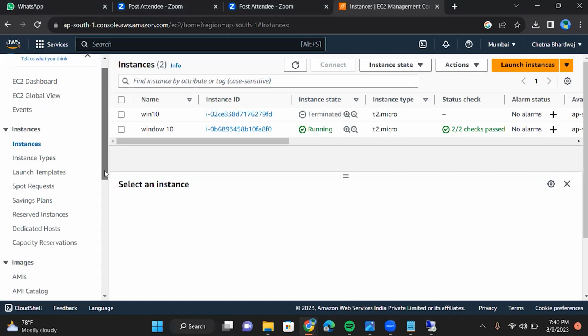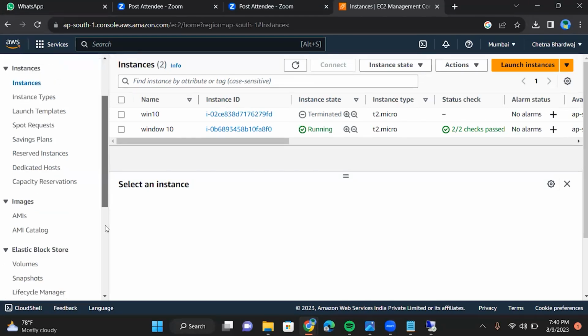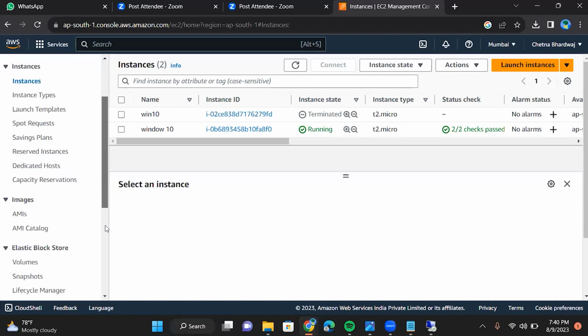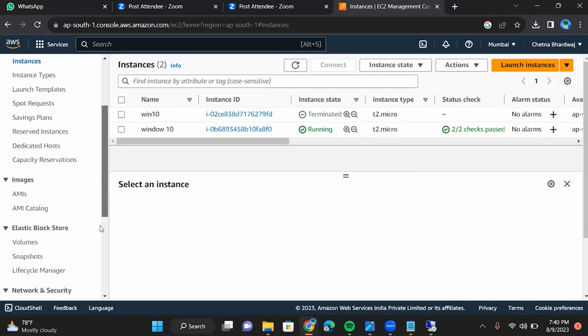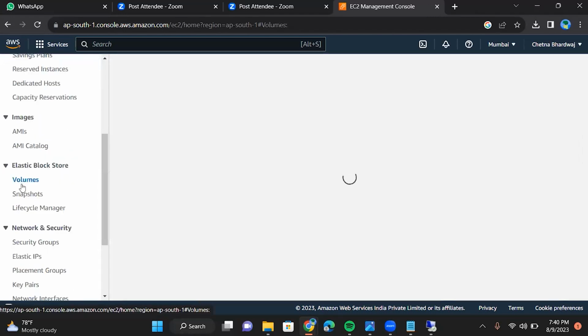In the left hand side corner where we have lots of services present, we have this service, Volume. For now, just understand that a volume is an Elastic Block Store.